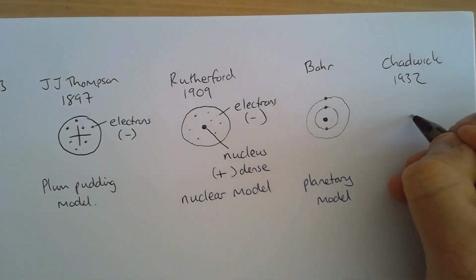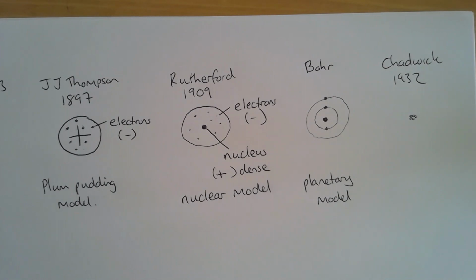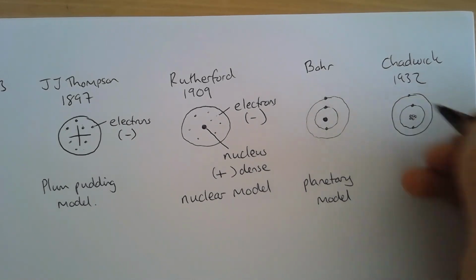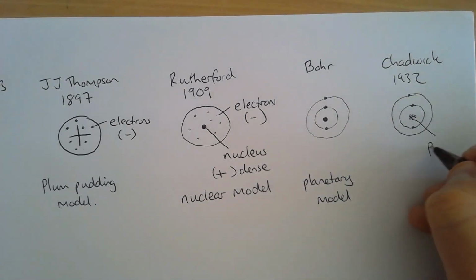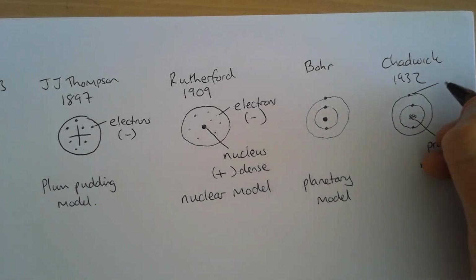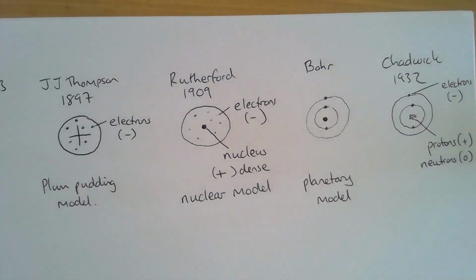So our nucleus now isn't just made up of one particle, it's made up of two particles, protons, which are positively charged, and neutrons, which are neutral. And then obviously we still have the electrons orbiting that nucleus. So we've got protons, which are positively charged, neutrons, which are neutral, and orbiting them we have electrons, which are negatively charged.